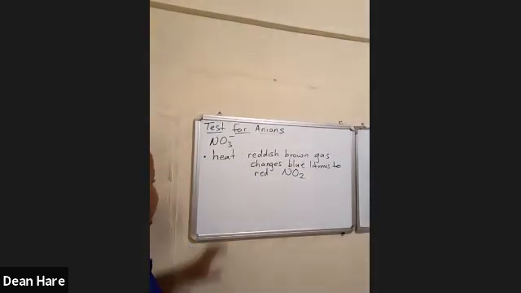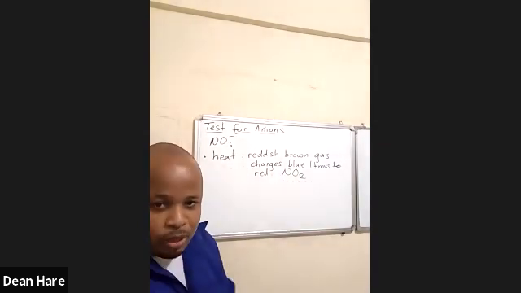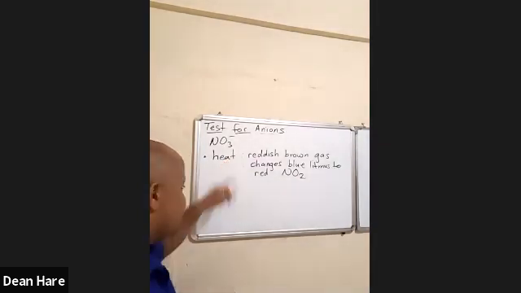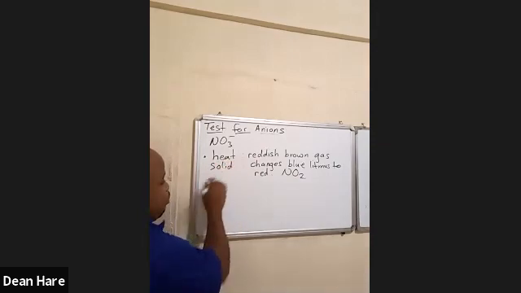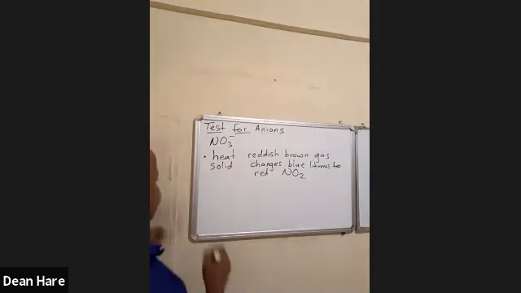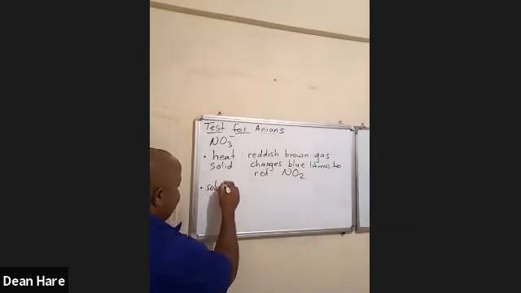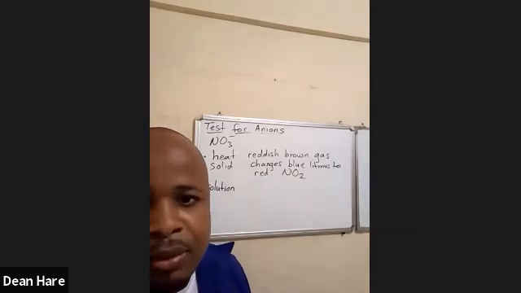All right. So other than heating the compound, if we actually have a solution, so this is if you are heating this solid. So for this one, you heat the solid compound.